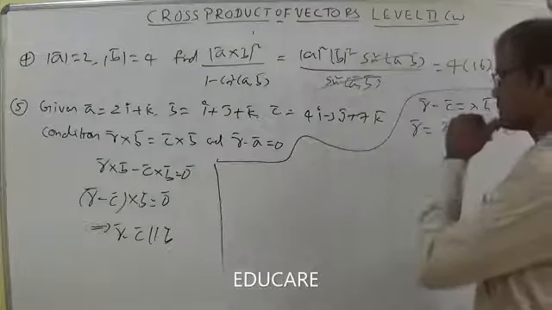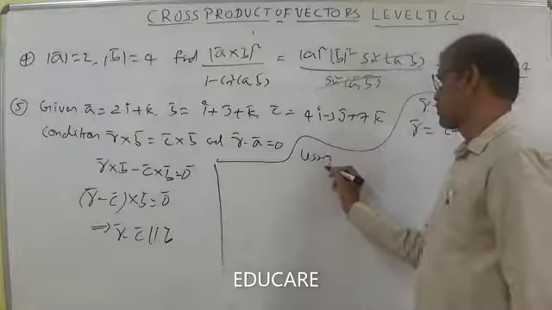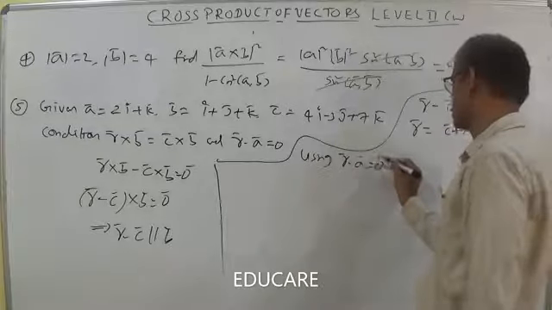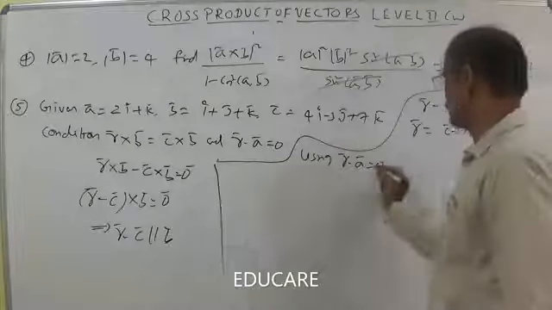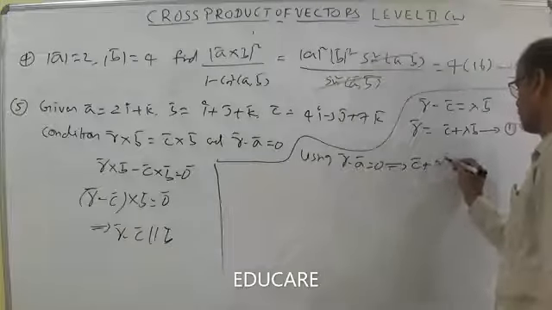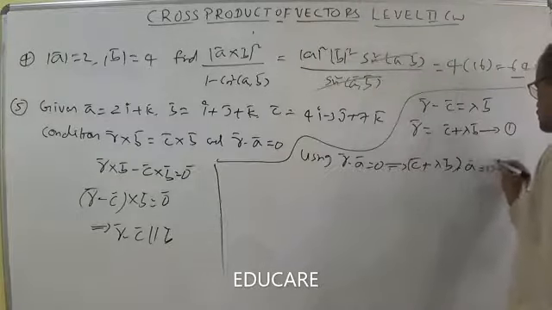R bar equal to c plus lambda b, we got. Using the condition r bar dot a bar equal to 0, that implies c bar plus lambda b bar dot a bar equal to 0.